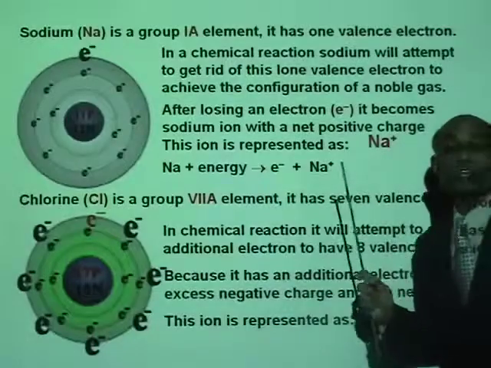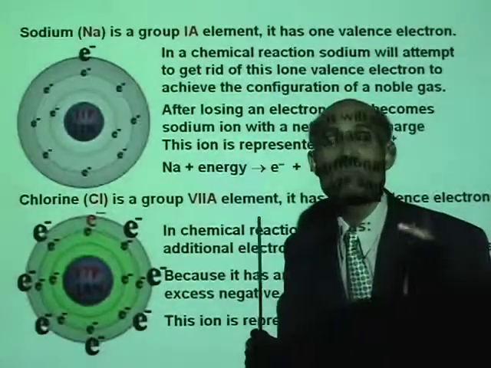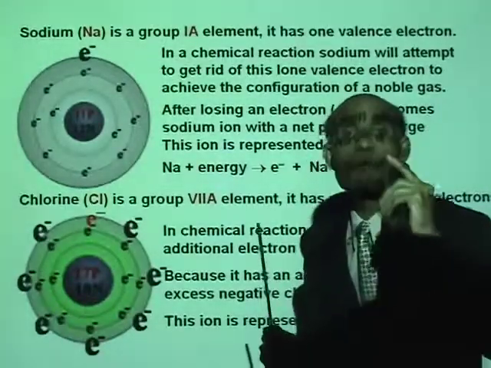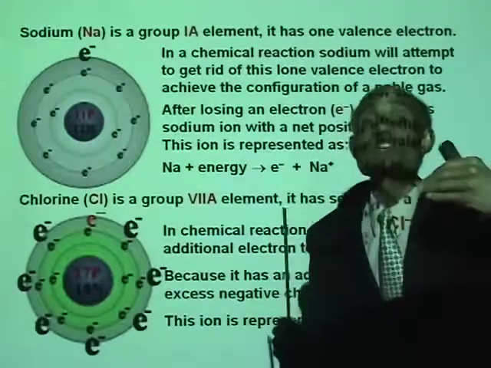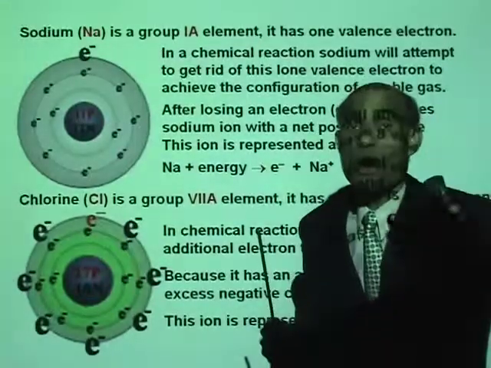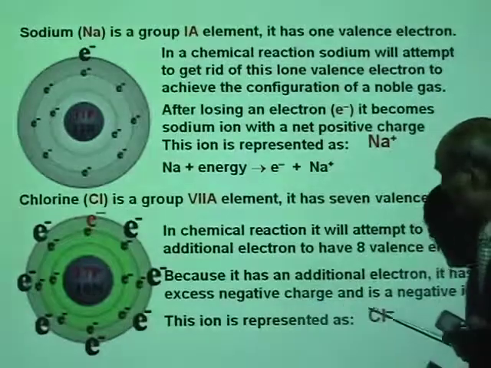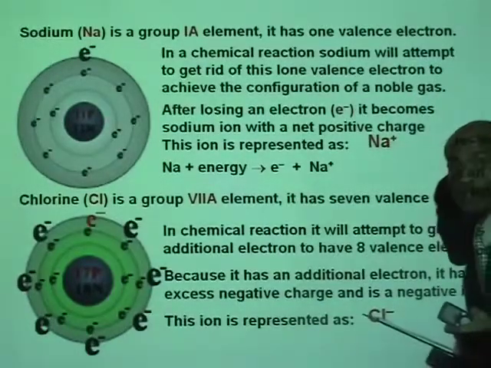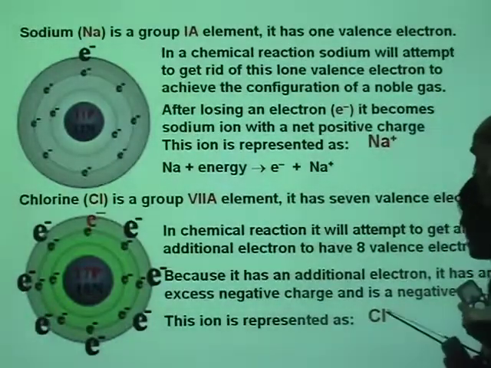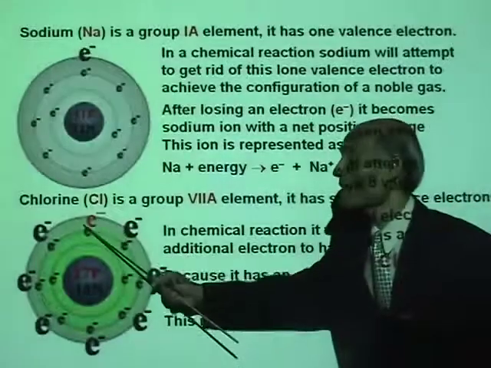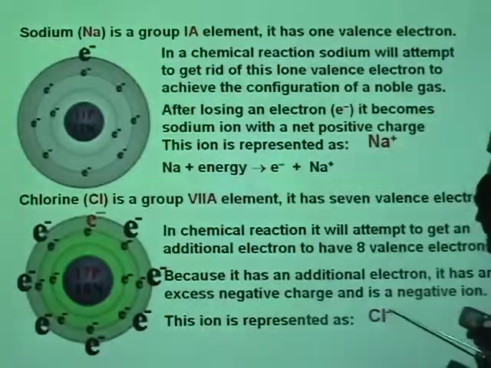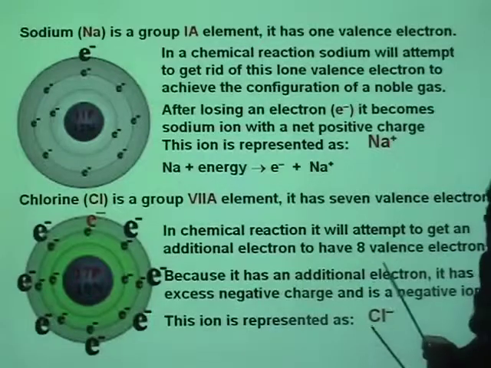Na plus is a sodium atom with one single positive charge. That is a sodium ion, a positive ion. A chlorine ion with a single negative charge, which has acquired an extra electron, is Cl negative.